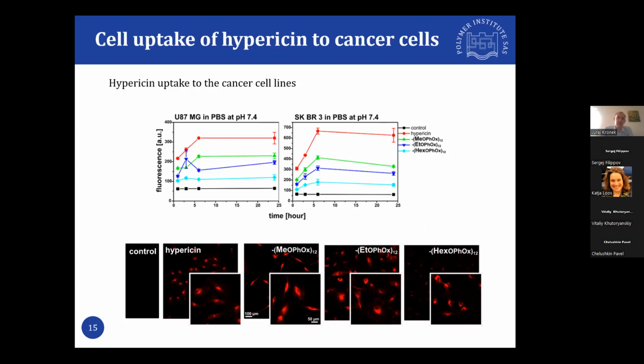Analogously, we then followed the uptake of hypericin in the cell. It means the release of hypericin from the nanoparticles. The highest rate was observed in the methoxy derivative, and the lowest was in the case of hexyl-phenyl oxazolate.